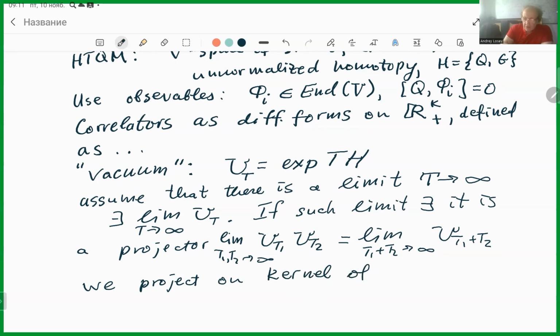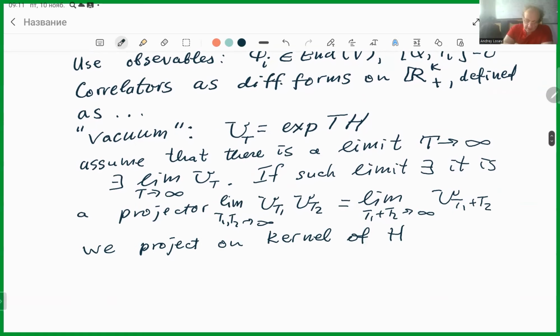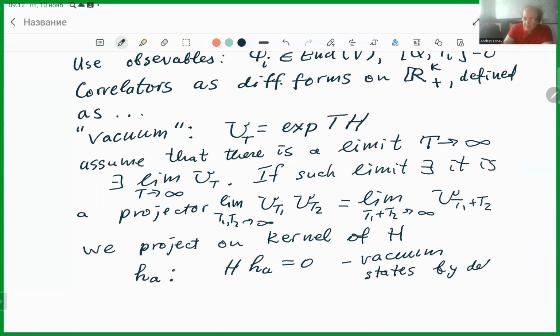On the kernel of H. So I assume states H A such that, in what follows, okay, so these are vacuum states, by definition.